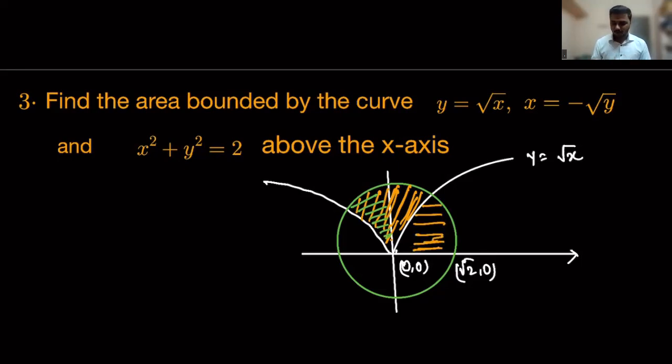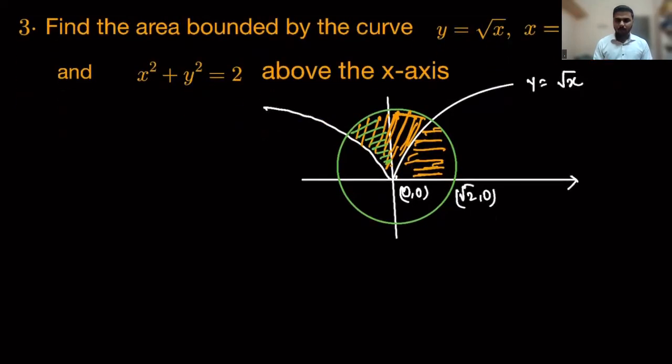So according to symmetry, I can put this shaded area here, and our required area will be this area, a quarter of the area of the circle.